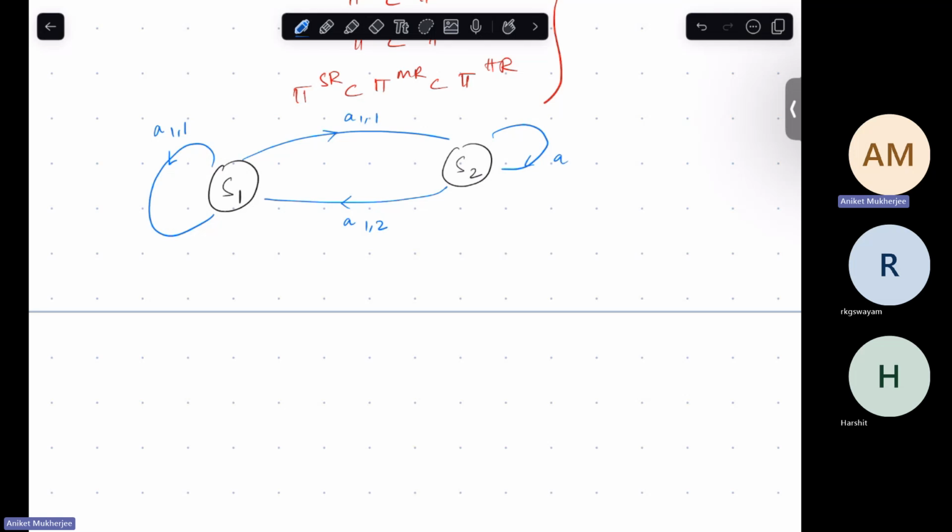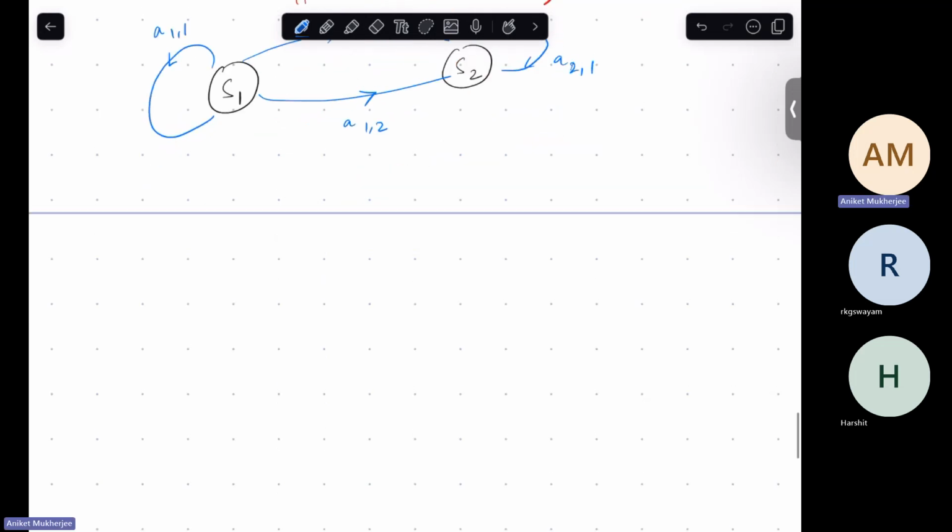So basically I have two states, S1 and S2 are my two states. When I'm at S1, I can take two actions, A11, A12. When I'm at S2, I can take only one action, A21.